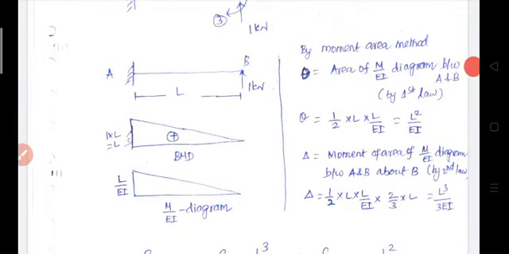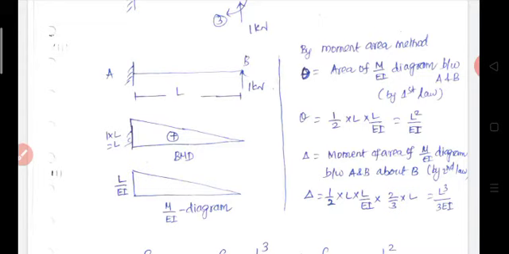EI of the beam is constant, therefore the M by EI ordinate at the fixed end is equal to L by EI, and at the free end 0. Now measure the rotation and displacement at the free end.